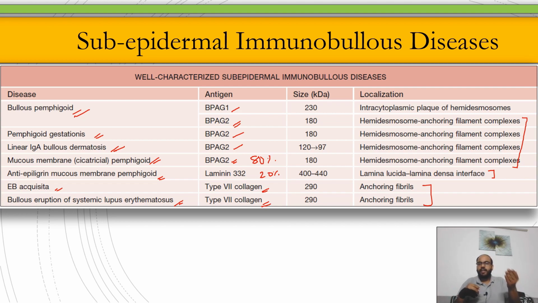In bullous pemphigoid, the split is at the level of hemidesmosomes. So in hemidesmosomes, the upper layer is the entire epidermis, the floor is the entire dermis, and since the entire epidermis is present, the roof of the bulla is tense because it has a lot of structure present. And that's why in bullous pemphigoid, the presenting feature is frank bulla, which have not burst. They are tense bulla. Okay.